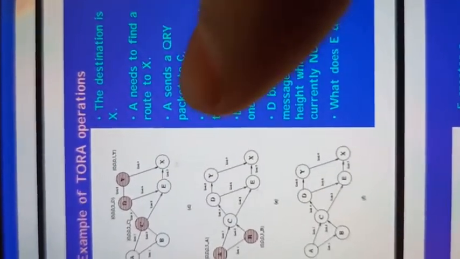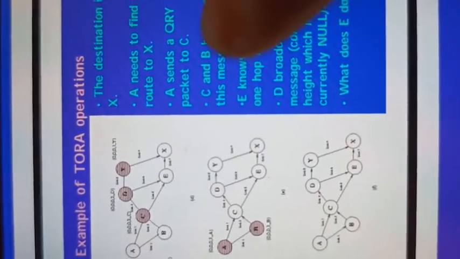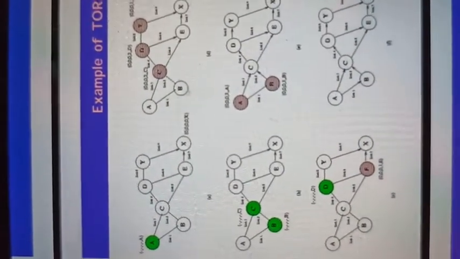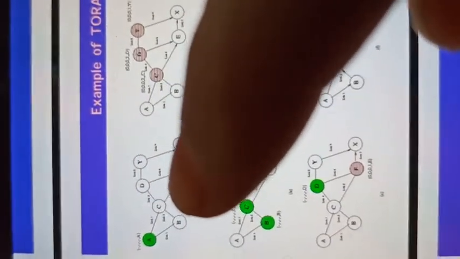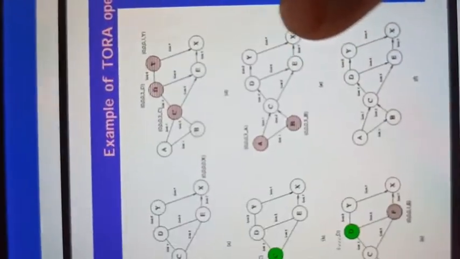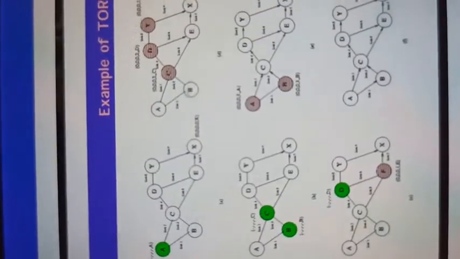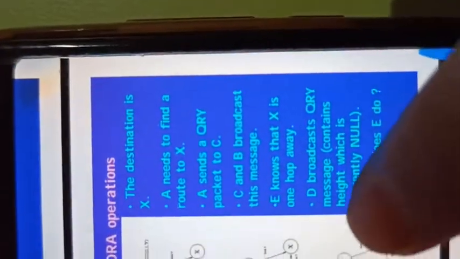This is the example of TORA operation. The destination is X. A needs to find a route to the destination X. So A sends a query packet to its neighboring nodes B and C, which broadcast the message.